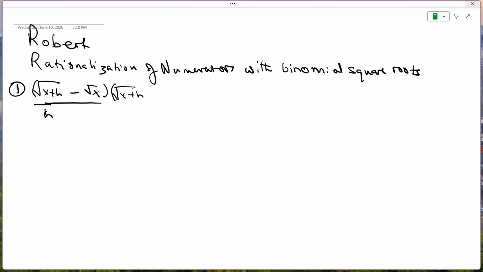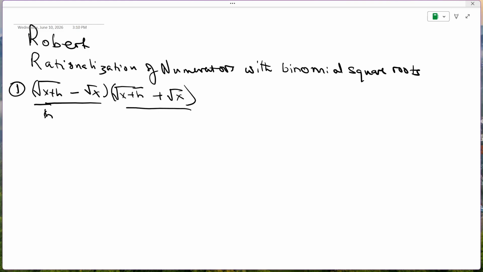So in this case, it will be root x plus h plus root x. And again, what you do to one part of a fraction, you must do the other.